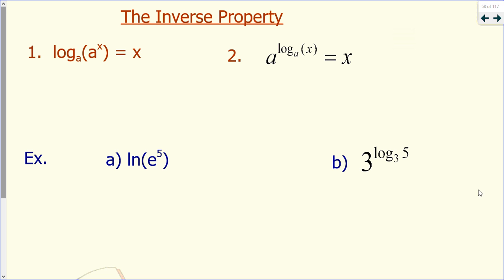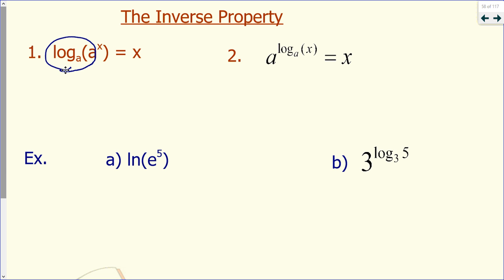Okay, so with that, we have the inverse property of logs, and this is for logs of any base. If you take the log base a of a, the log and the exponential actually cancel each other out. So log base a of a to the x is just x.